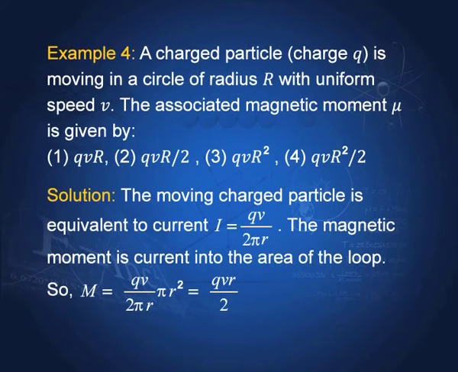Therefore, it has a magnetic moment equal to the current times the area of the loop, pi r squared. The moving charged particle is equivalent to current I, which is q v by 2 pi r, as we saw in the first example.